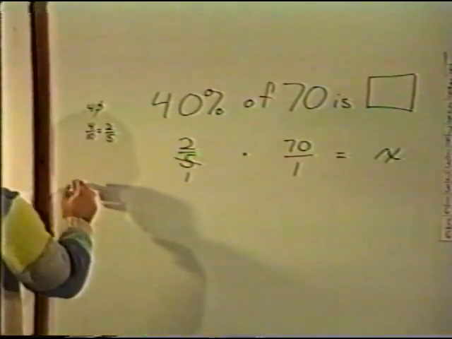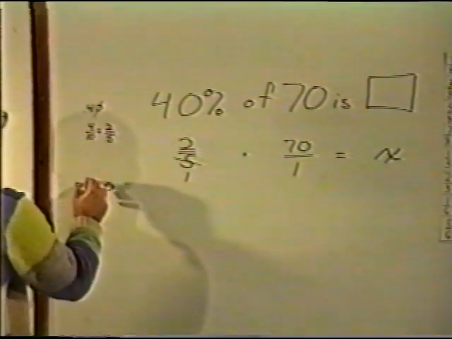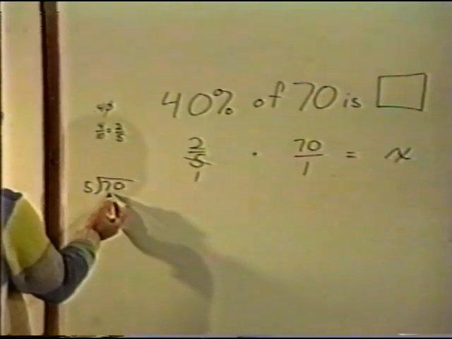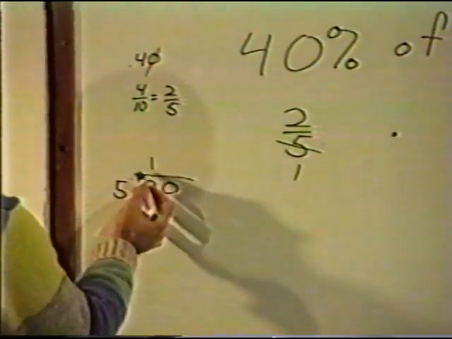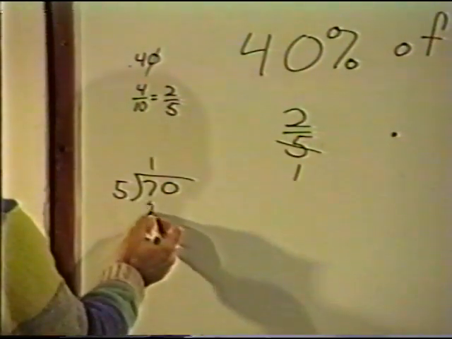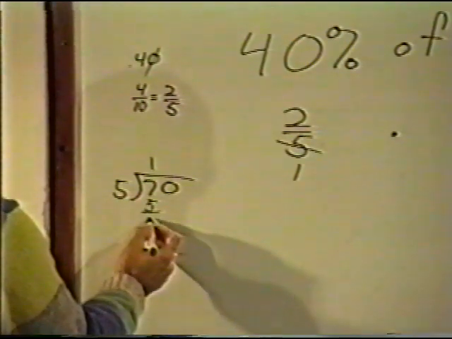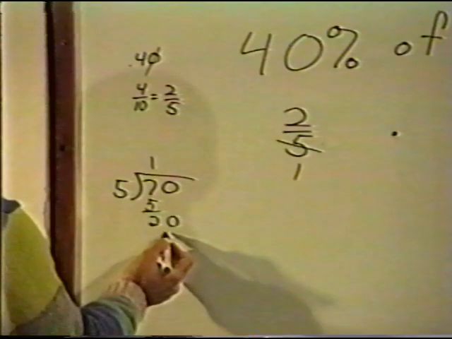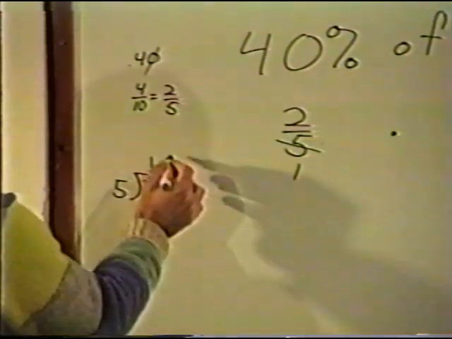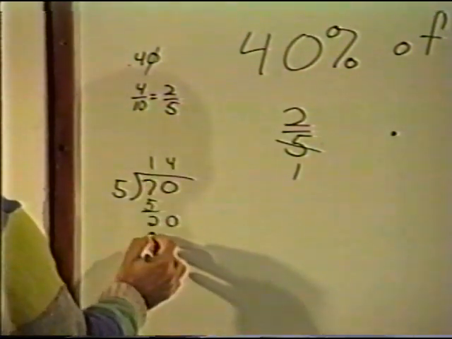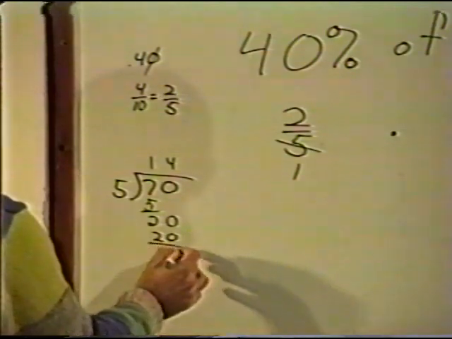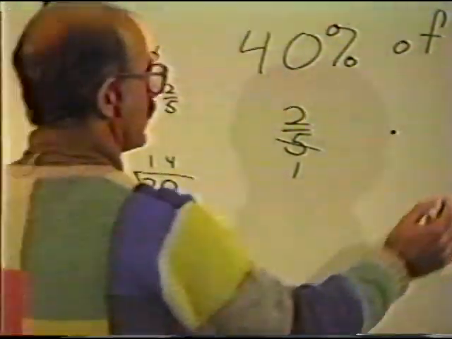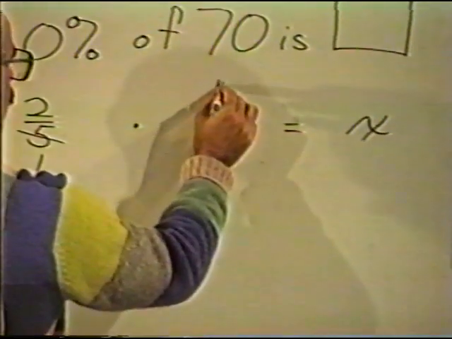And 5 into 70 will do on the side. 5 into 7 is 1. 1 times 5 is 5. 7 take away 5 is 2. Bring down the 0. 5 into 20 is 4. 4 times 5 is 20. It comes out even. It goes in 14 times.